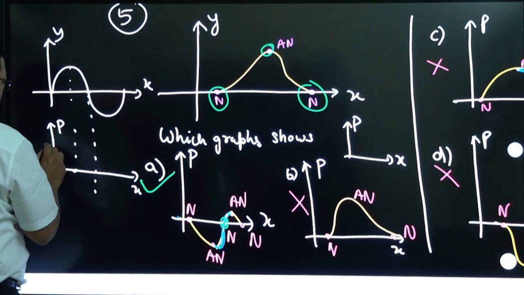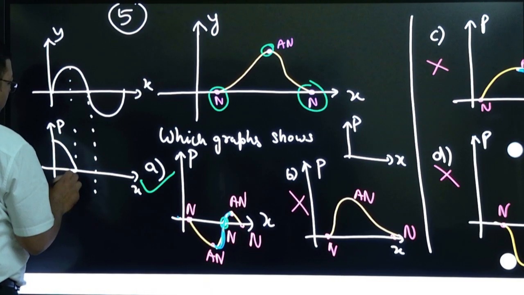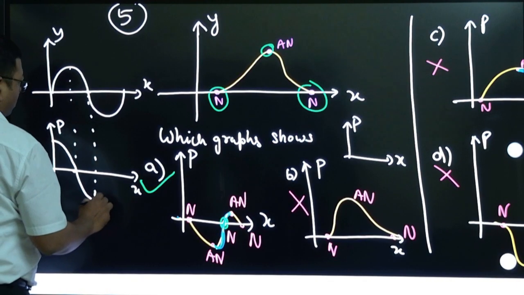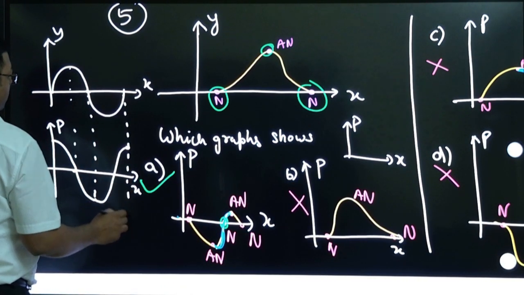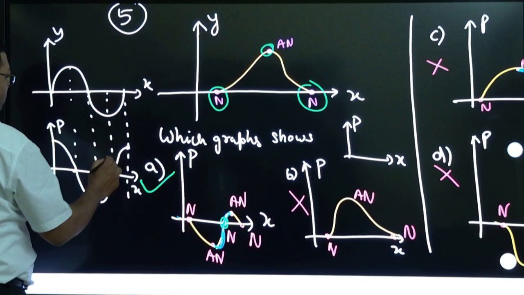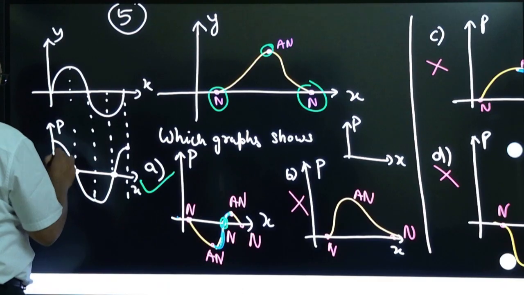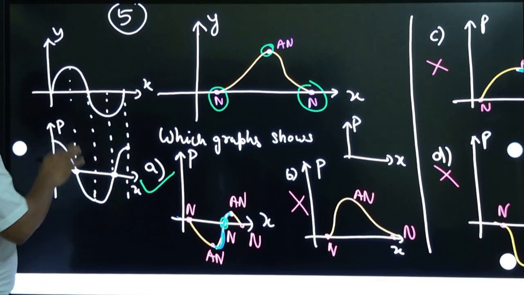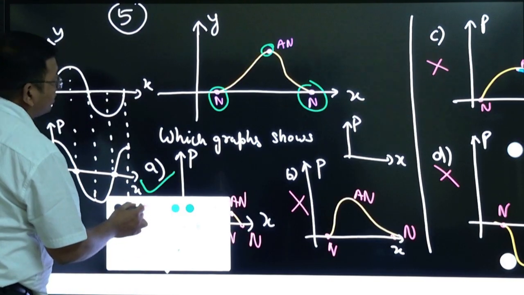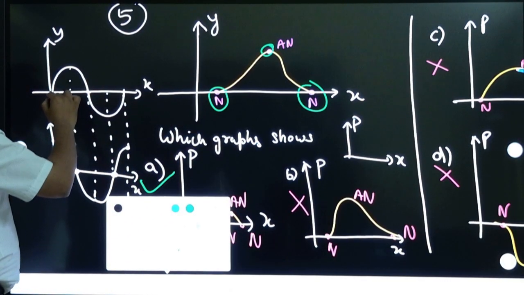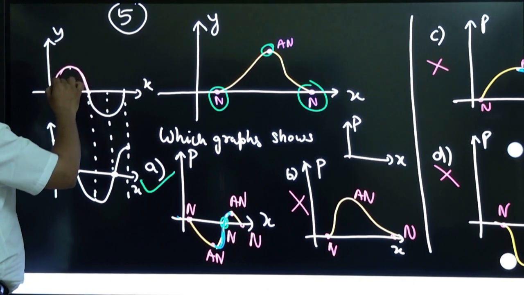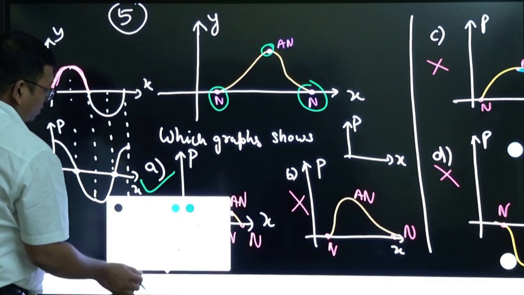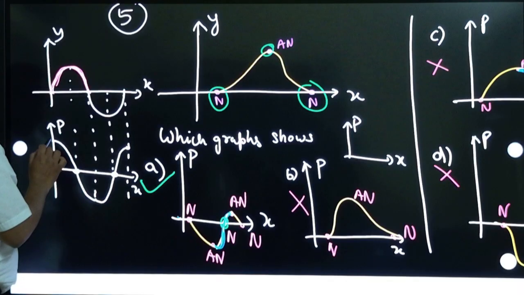So the pressure graph, the cos graph, goes like this. If I think of the y-x and p-x graphs, suppose the graph which we have taken is like this segment. Maybe it is like this segment. Okay. So if you are considering this segment, then shall we only consider this segment?